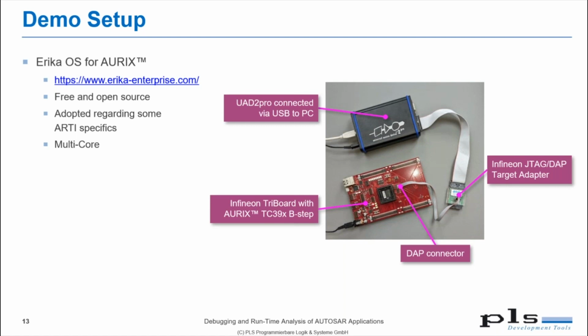As a target device, I use the Infineon AURIX TC39 mounted on a TriBoard. I'm using the debugger hardware from us, the UAD2 Pro, which is the basic device for debugging in our Universal Access Device family.